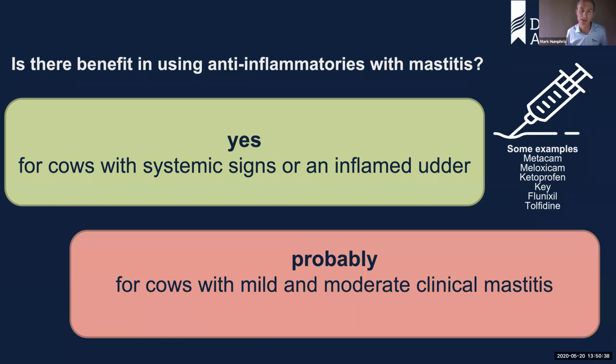In particular, studies from Europe suggesting that cure rates of certain bacteria will increase with the use of anti-inflammatories. But for some people, they don't need any more evidence. They know that a cow suffers under clinical mastitis, and this is being increasingly offered to support the therapy.